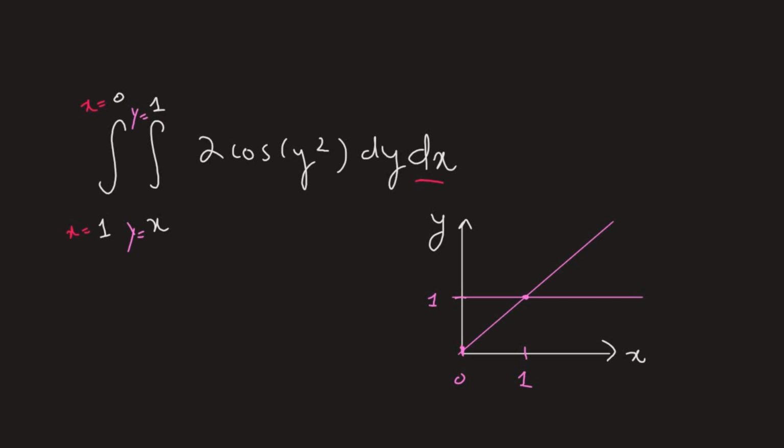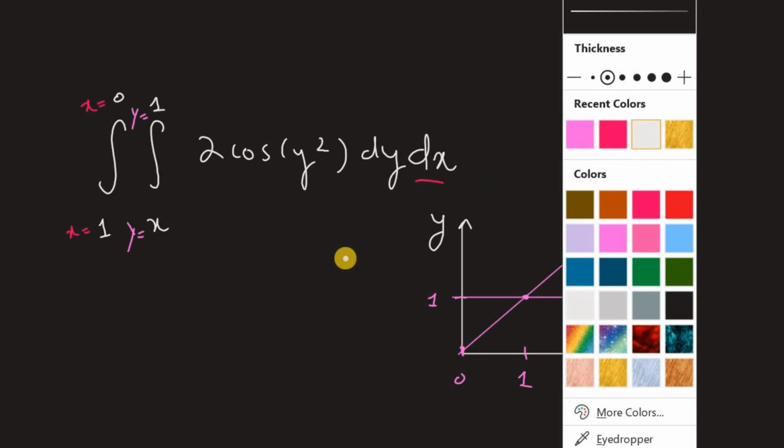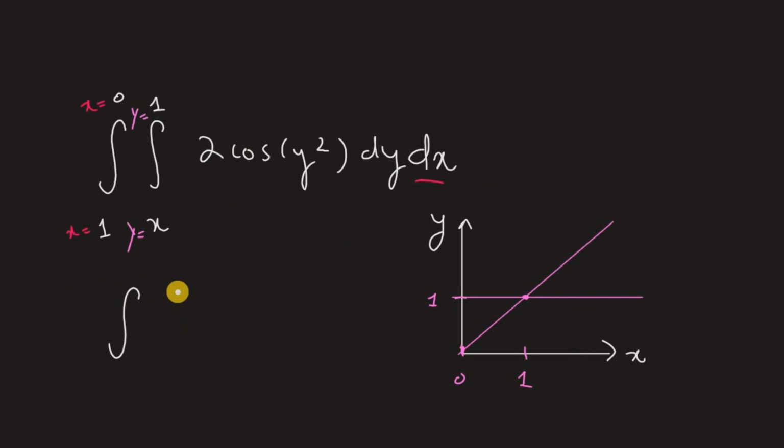Okay, now let's go ahead and change the variables. To change the variables, we write the same thing. The equation is the same, 2 cosine squared, and now these two are going to be swapped. So dx goes first and then dy later.